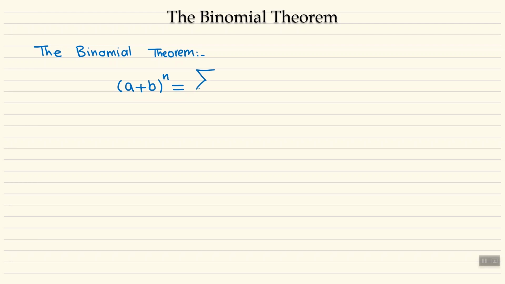The answer will be sigma, where r is equal to 0 up to n of combination n and r times a to the power of n minus r times b to the power of r.